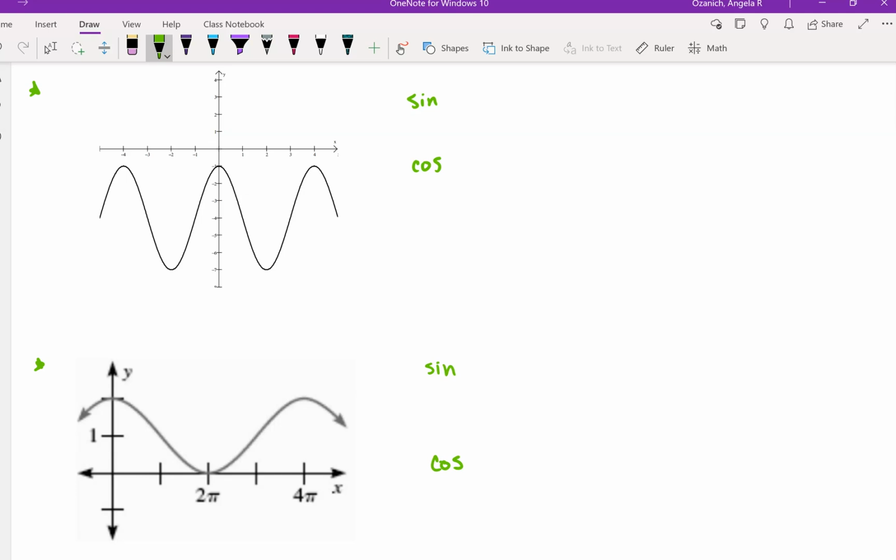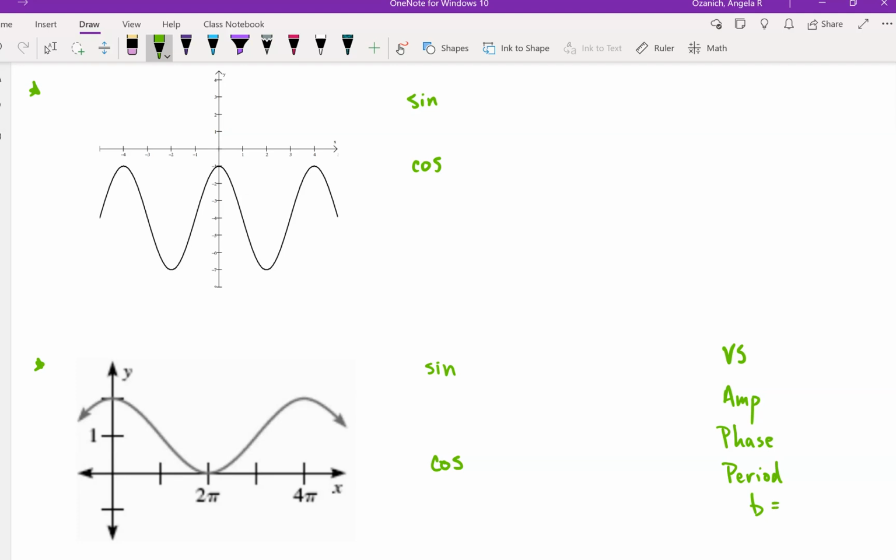And remember, a great way to start each time is to identify what your vertical shift is, what your amplitude is going to be, what your phase shift would have to be for sine or cosine, what the period of the function is. You can kind of determine that from going top to top for a cycle, and then using that period to calculate your b value.